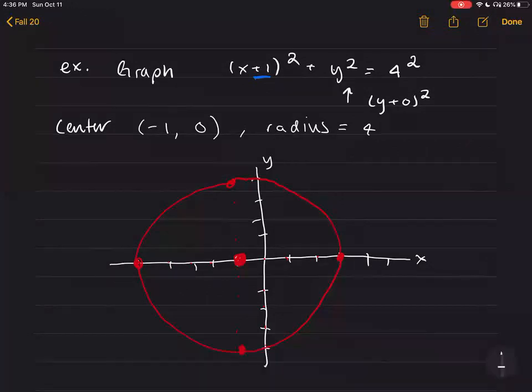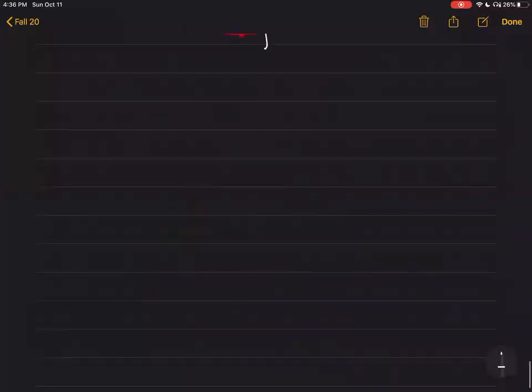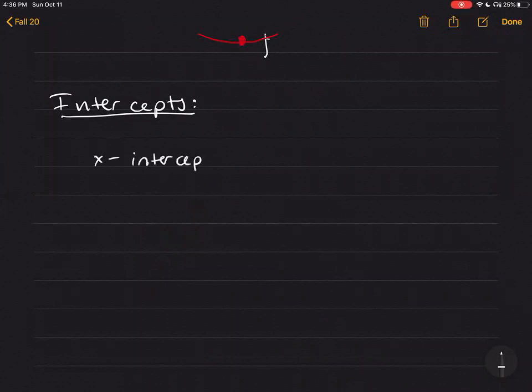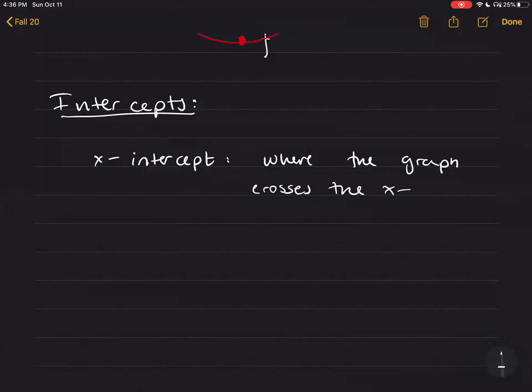Cool. The last thing in this section to really take note of is intercepts. So an intercept is where the graph crosses one of the axes. So an x-intercept is where the graph crosses the x-axis, and a y-intercept is the same thing but with the y-axis.